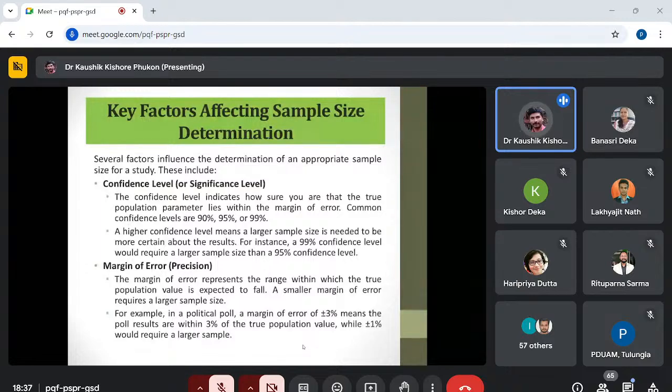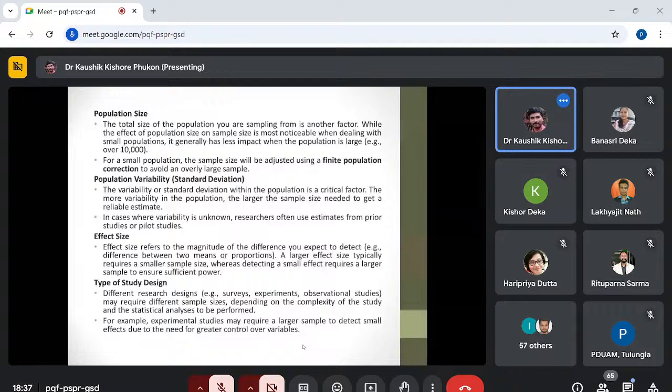Then the population size. Population size also matters in selecting sample size. This factor I am going to explain, how population size is responsible for sample size.